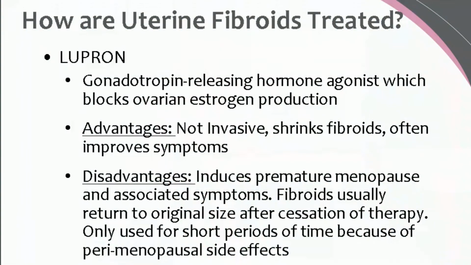A lot of times the OBGYNs will use a drug therapy called Lupron. Lupron is a gonadotropin releasing hormone agonist, which is a long word for basically saying that this drug will put you into menopause. It's a fake menopause. It decreases your estrogen and progesterone production. As I said before, those are really the gas lines that will exacerbate the fibroids and cause them to grow.